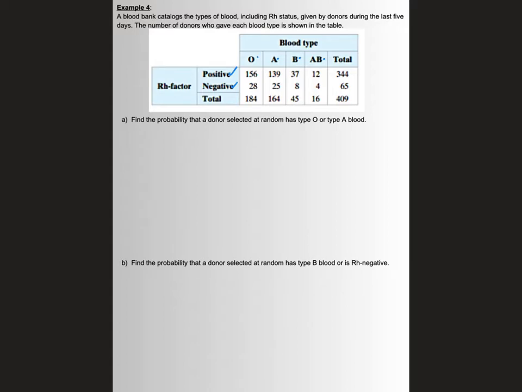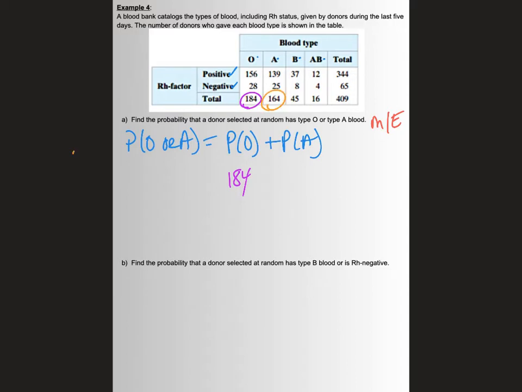Here's the deal. You can't have 2 types of blood. So this is actually mutually exclusive. So it's very straightforward: the probability of O or A is just going to be the probability of O plus the probability of A. That's all you have to do for that. So for the probability of O, there are 184 people that are O type. There are 164 people that are A type.